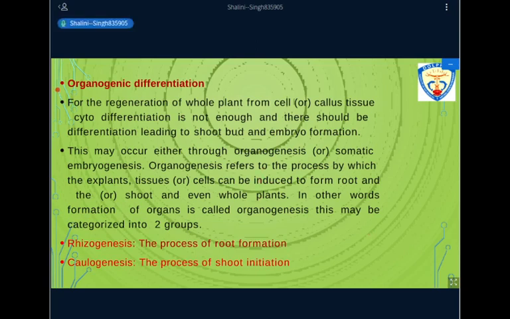Okay. So the next term is organogenic differentiation. When you are doing tissue culture, it is very important that you do organogenic differentiation, because you want to produce a complete plant through tissue culture. There are different steps in this process.